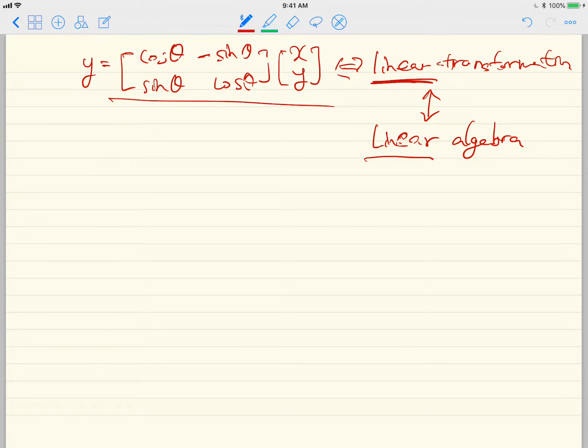We can start with the definition of being linear, so let's discuss the linear transformation, and what's the condition or requirement that this linear transformation should satisfy. What is the definition of being linear?